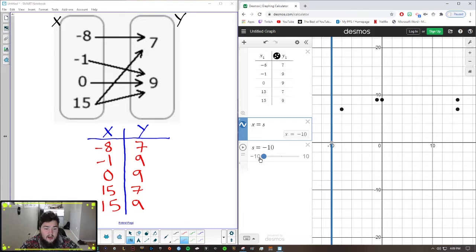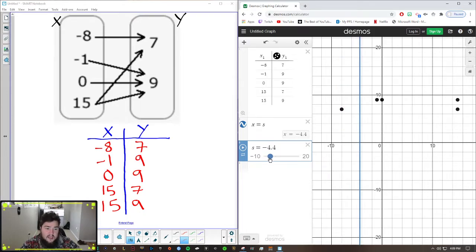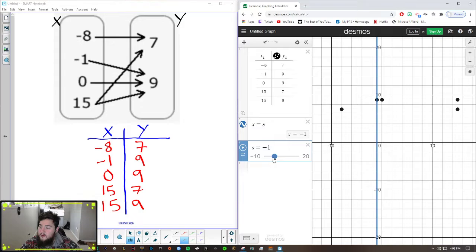And I'm going to start, and I'm going to slowly move my line over. So starting at -10, the first point I hit is here, but I'm only hitting 1 point, so that's okay. I keep moving. Oop, hit another point, but it's okay.